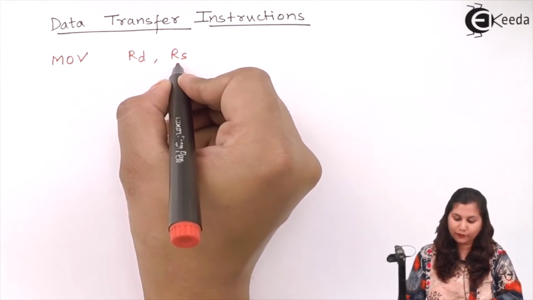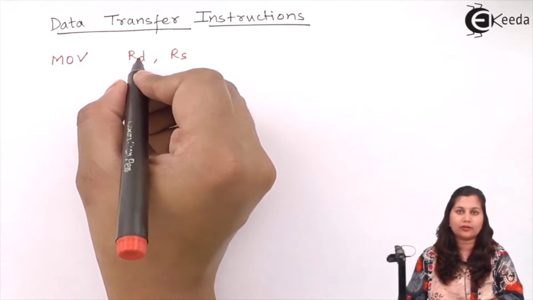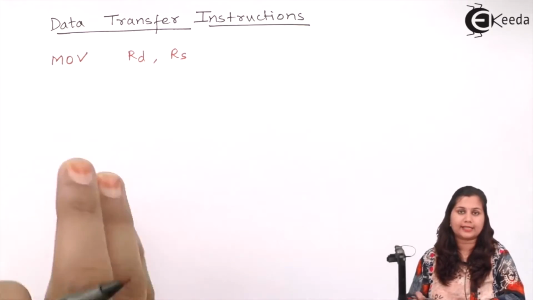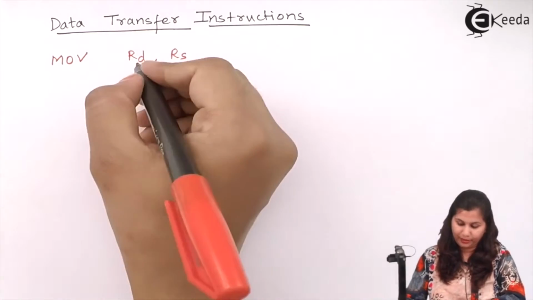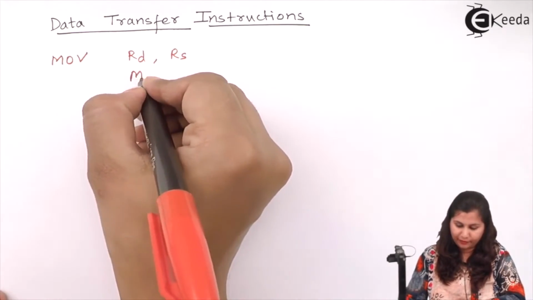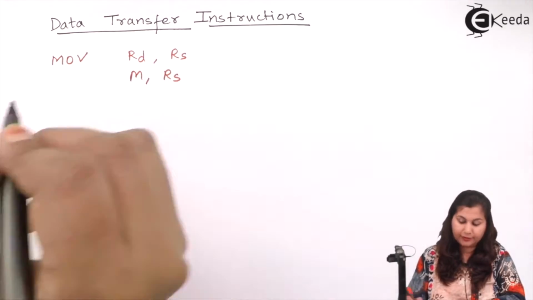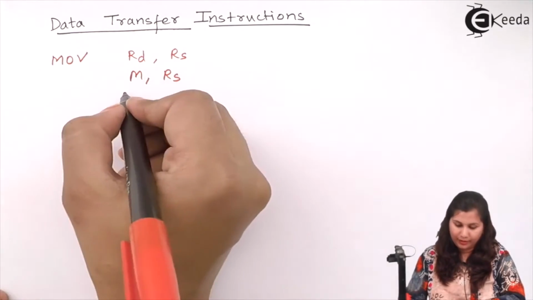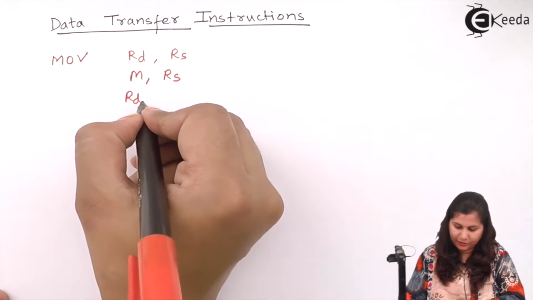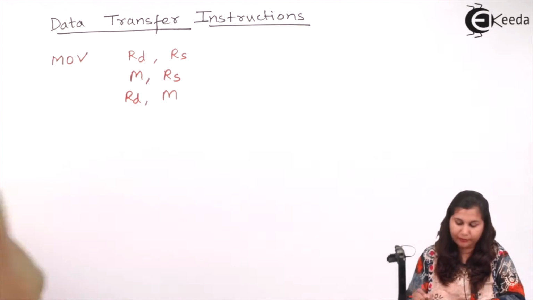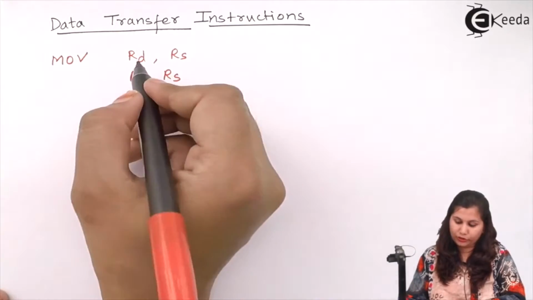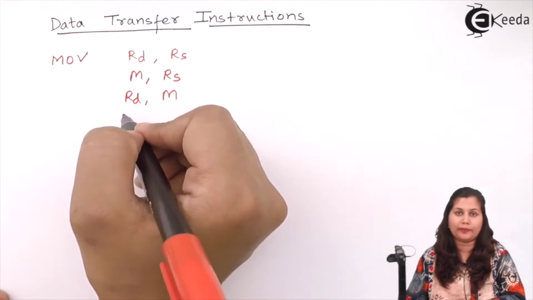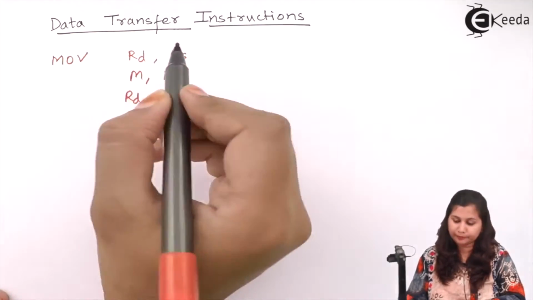So the contents of the source register are transferred to the destination register. Also we can have memory and the source register, and we can have a destination register and a memory location. So there can be 3 types of operands in this instruction.